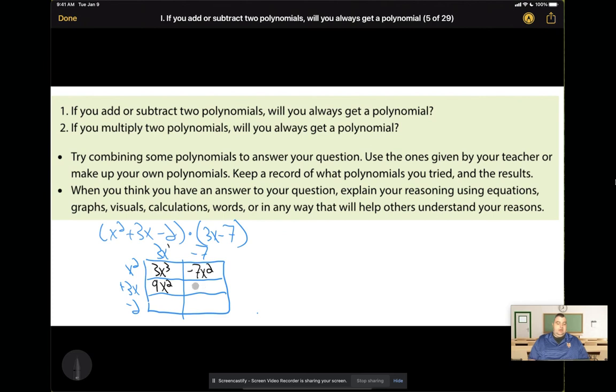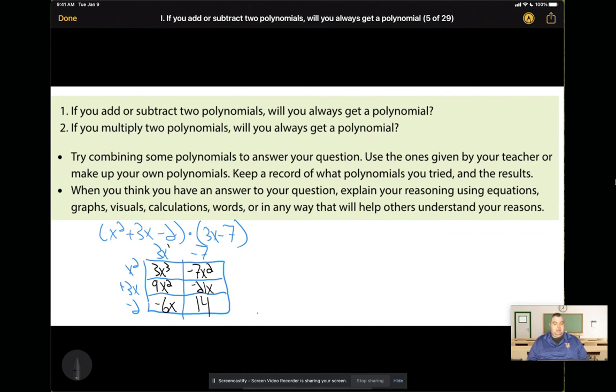This one right here is going to be negative 7 times 3x. So that's a negative 21x. Here I have negative 2 times 3x. So that's going to be a negative 6x. And then the last one here is going to be negative 2 times negative 7. That's a negative times a negative, so that's going to be a positive 14.